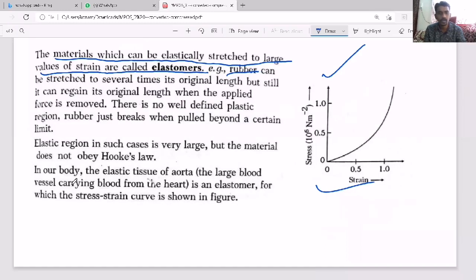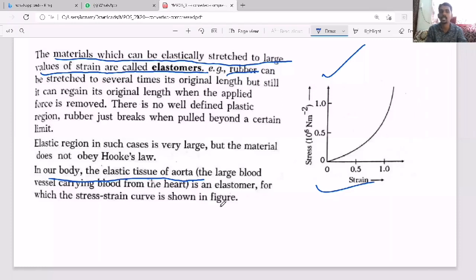And in our human body also, they gave one example, that is the elastic tissue of the aorta. You might have a better idea on this one. If you have any doubt, you ask. It is the large blood vessel carrying blood from the heart. That can stretch and compress. It can come back.